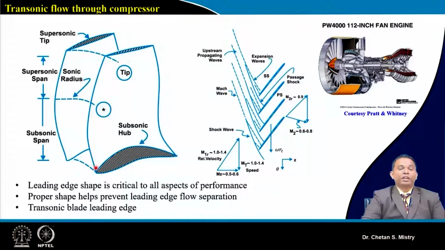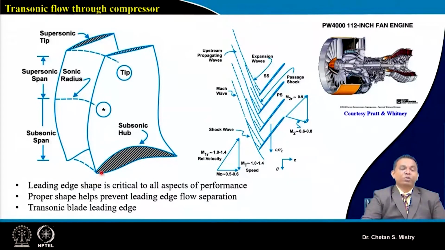Okay. Now here in this case, when we discussed low speed compressor or subsonic compressor design, we were expecting our leading edge to be circular or elliptical in order to have a wider operating range.